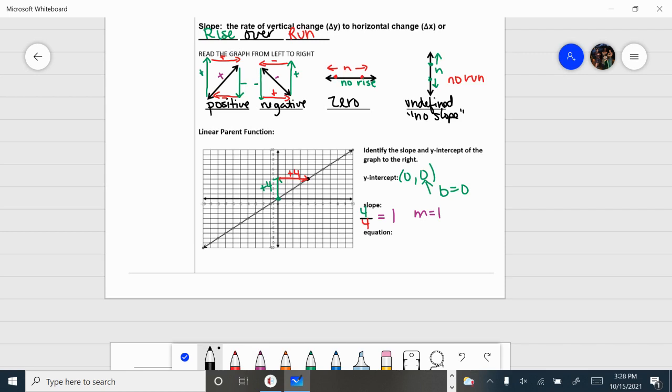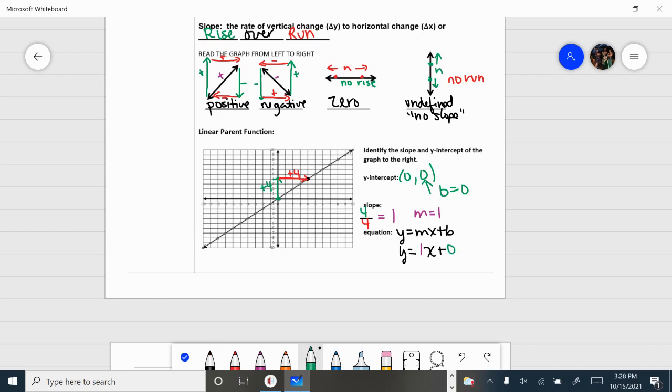When we go to write our equation, okay, if you recall, it is y equals mx plus b. And we're just going to substitute in our m and our b. So we're going to have y equals 1x plus 0. Okay.